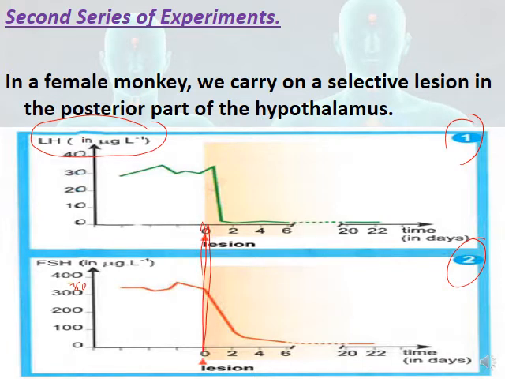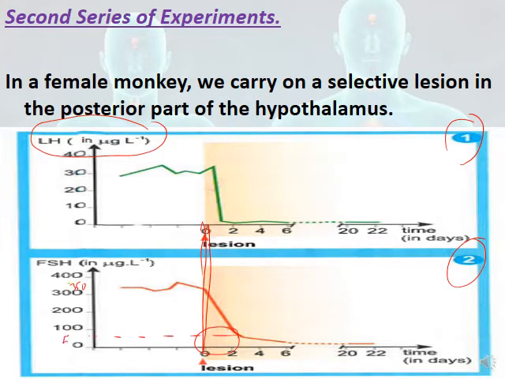After the lesion in the posterior part of the hypothalamus, between days 0 and 1 there is a fall in the level of LH from 30 to approximately null, while between days 0 and 2 there is a fall in the level of FSH from 350 micrograms per liter to about 50.